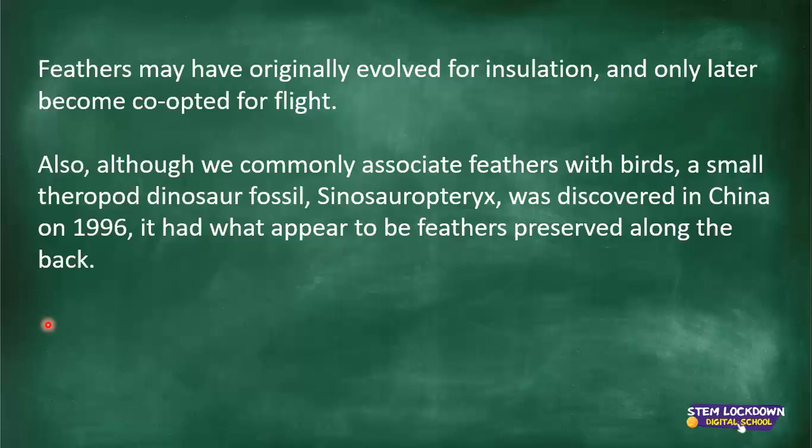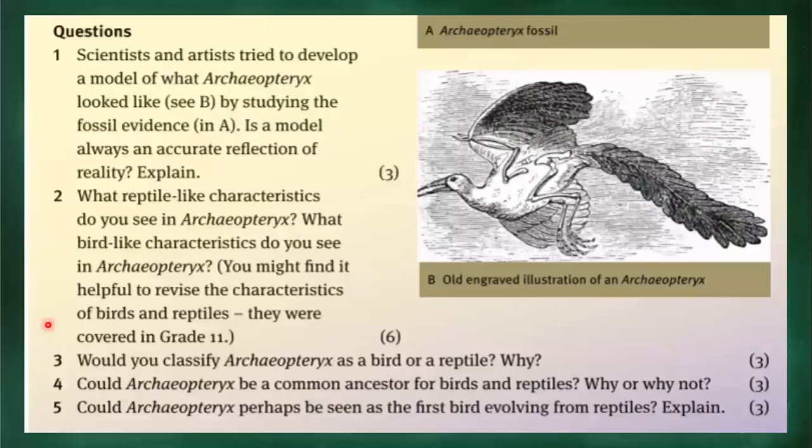But that reasoning was disrupted by the discovery of this dinosaur fossil in China. So now it shows that not only birds have feathers, dinosaurs as well, and possibly other organisms could have had feathers.